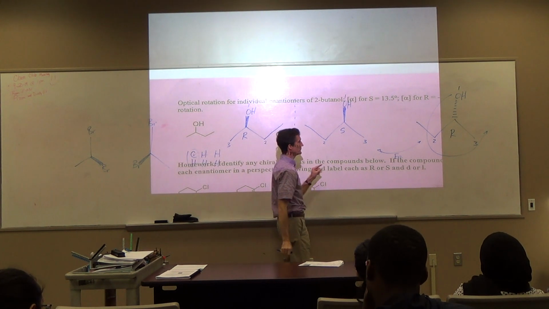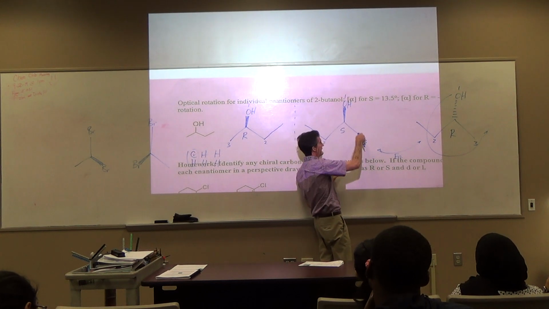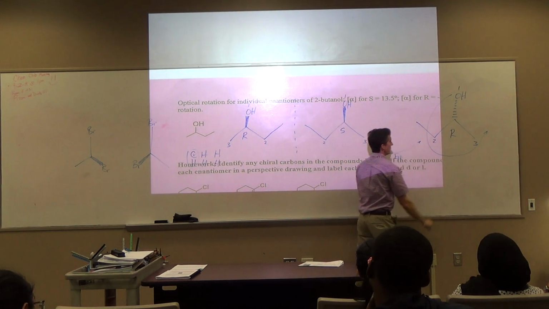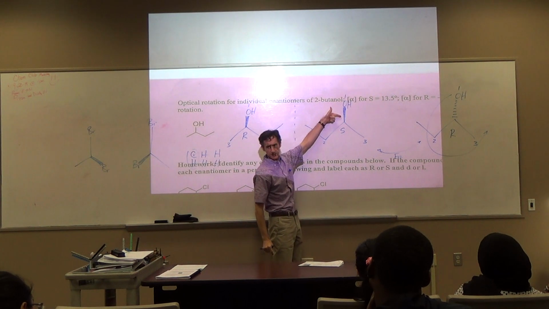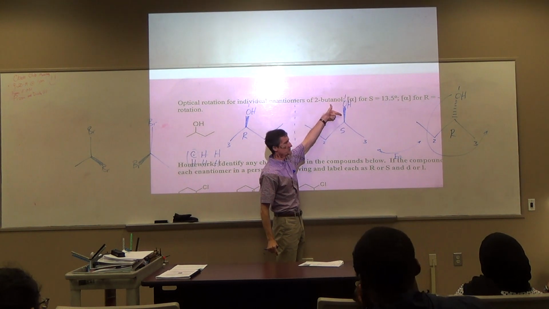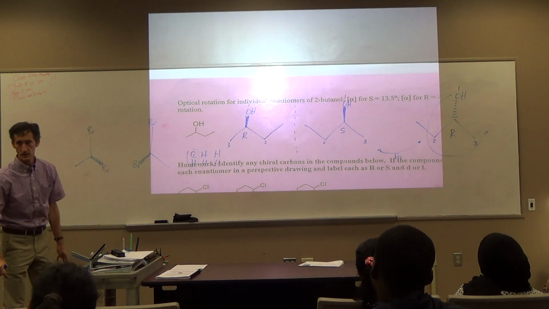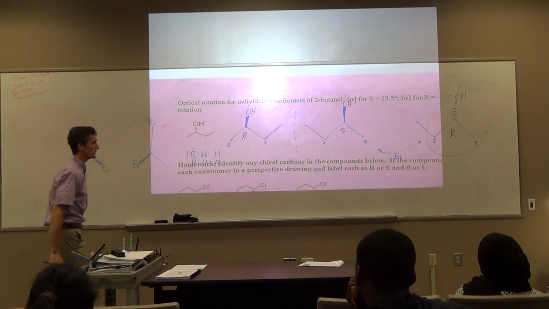Going forward, we'll keep the backbone the same, down, up, down, and we'll just switch the projection from bold to dash, etc. If you keep the backbone the same and just switch your projection, you will go to the other configuration. And that's how we will do it going forward.